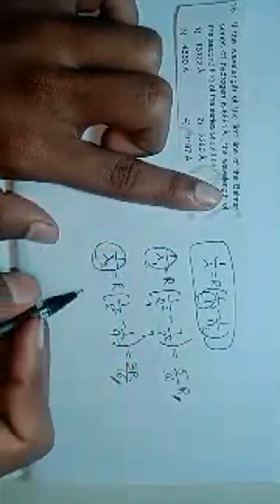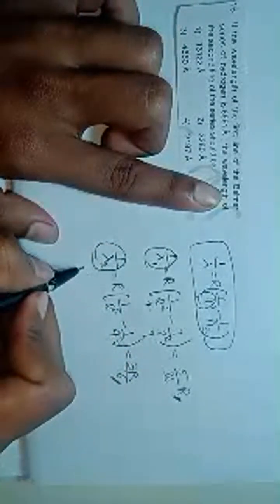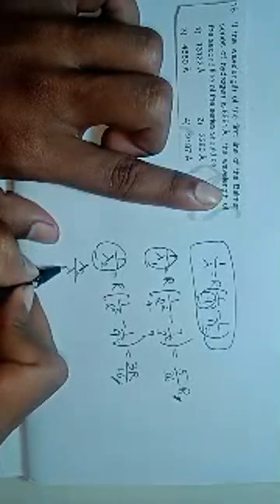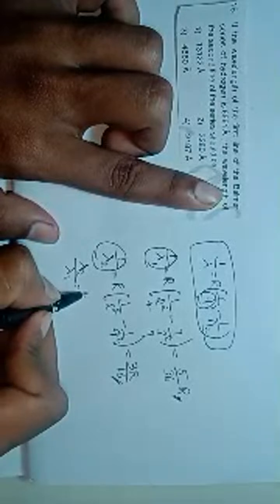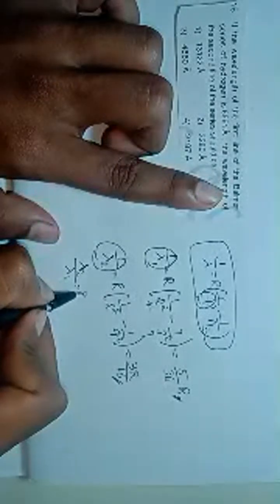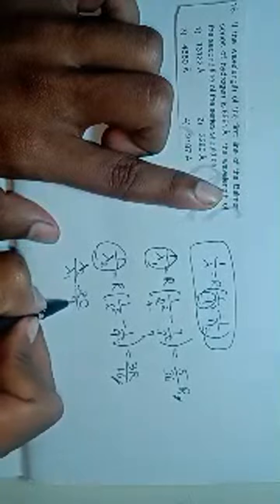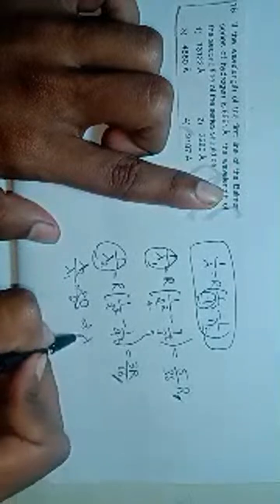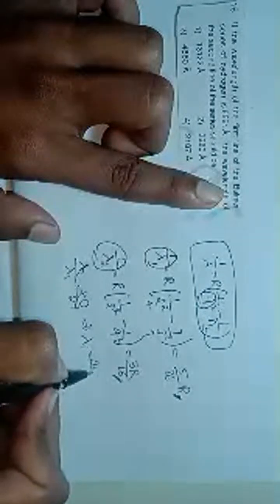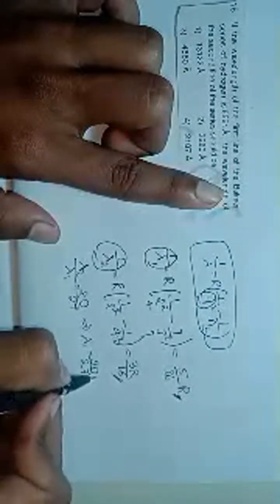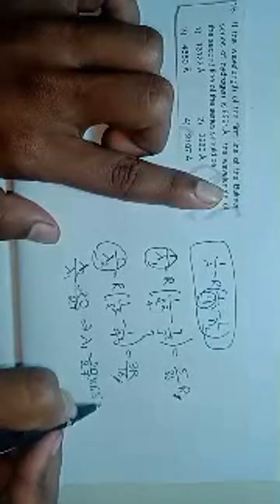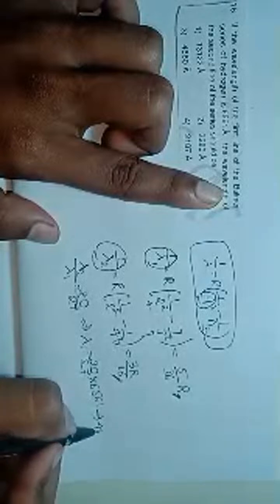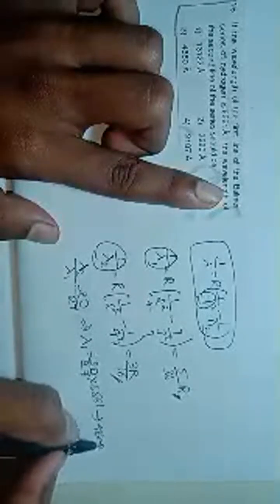They are asking for the second one. So lambda 2 by lambda 1 is equal to 20 by 27. In terms of lambda 1, it is 20 by 27 into 6561. So calculating this, you will be getting 4860 angstrom.